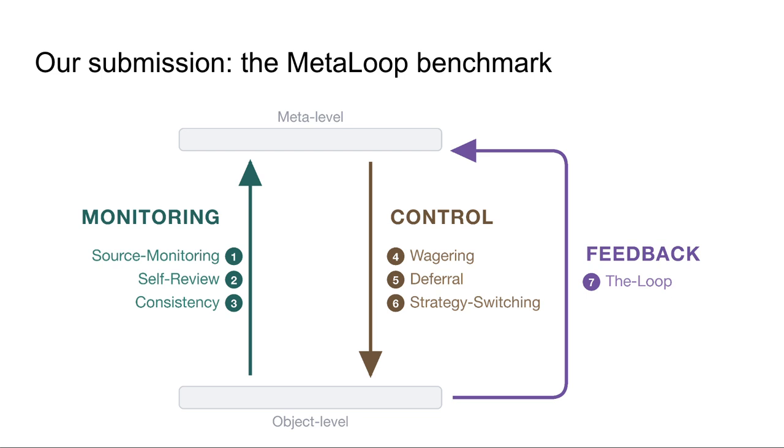And then finally, over here on the far right, the feedback task, the loop task, which closes the cycle and answers the question, can models actually improve their metacognition when given feedback about their earlier performance? Let me walk you through each one.